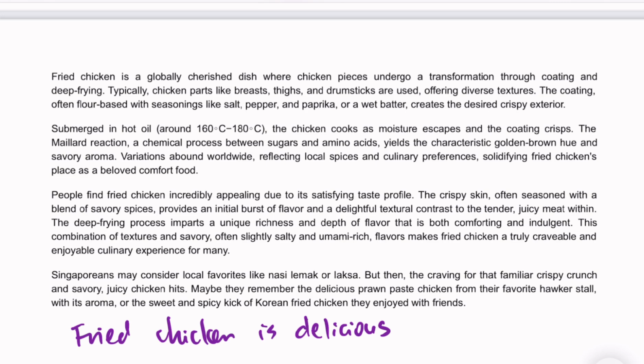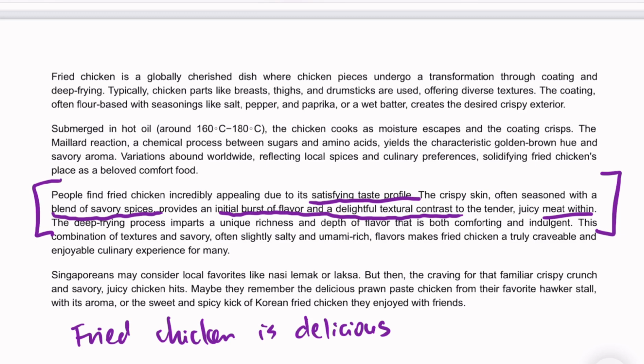However, when we look at the third paragraph, that is where that deliciousness part comes in. The idea of it appealing, it satisfies taste profiles, it is a blend of savory spices, initial bursts of flavor, and a delightful textural contrast to the meat within. This here is a very good description. It gives information about fried chicken being delicious. It actually strengthens and validates the point that fried chicken is delicious, and it's relevant to the point.